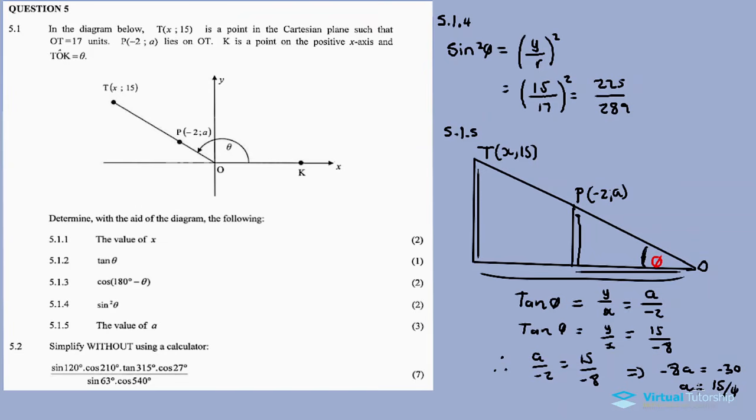Now we go to 5.2: simplify without using a calculator.